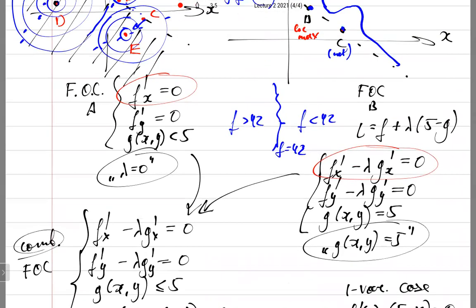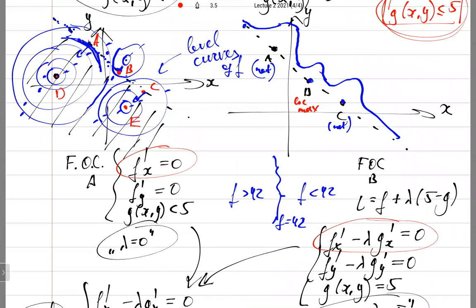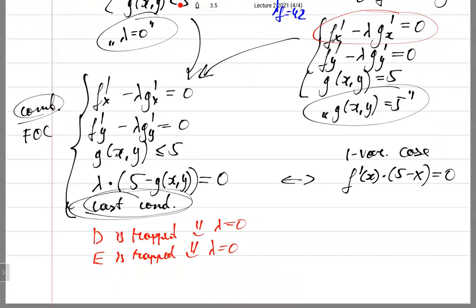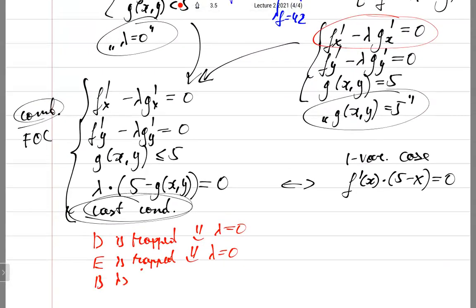The problem is B. Why do we have the B point? Because B is trapped. B is trapped because at the point B, g of x and y is exactly 5. So this condition is satisfied as equality.